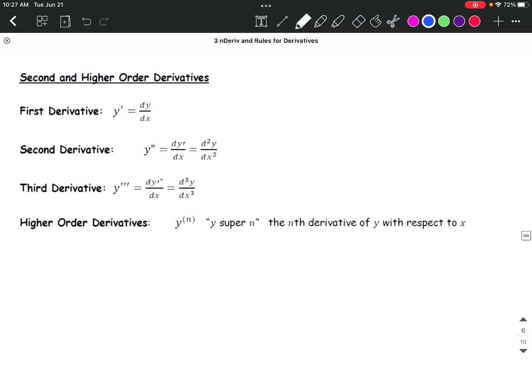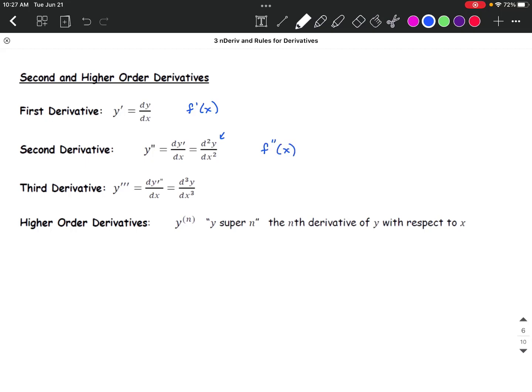Now we have second and higher order derivatives. The first derivative is y prime or f prime of x or dy dx. A second derivative is written as y double prime, or the derivative twice of y with respect to x twice, or f double prime of x.